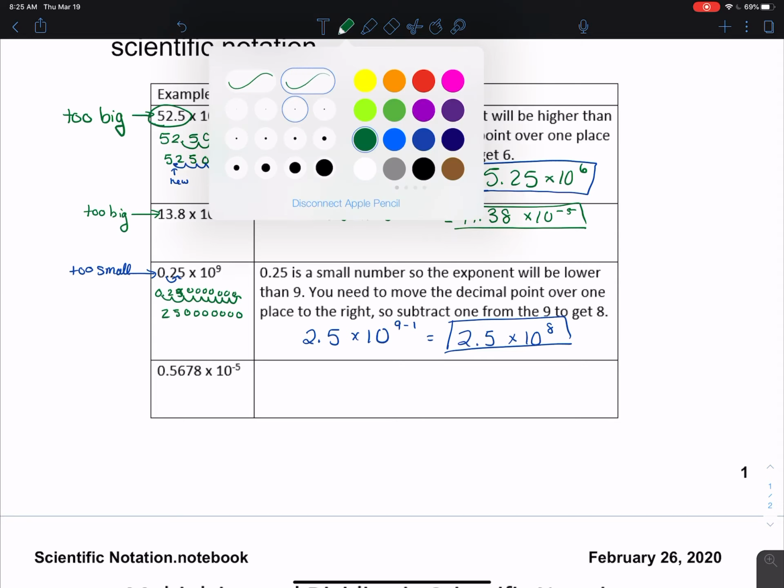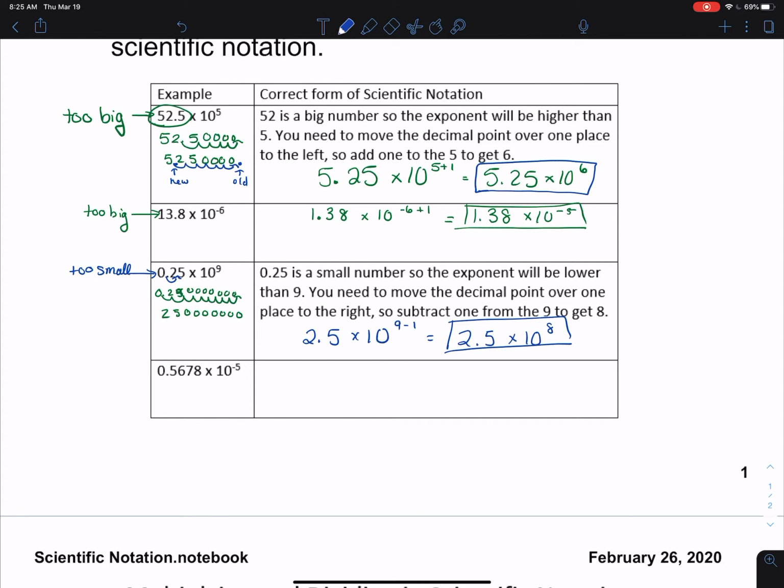If I'm trying to write this number in scientific notation, the old decimal point is at the end of this number. The new decimal point needs to be between that 2 and that 5. So I go 1, 2, 3, 4, 5, 6, 7, 8 spaces to the right, which gives me that 2.5 times 10 to the 8th power.